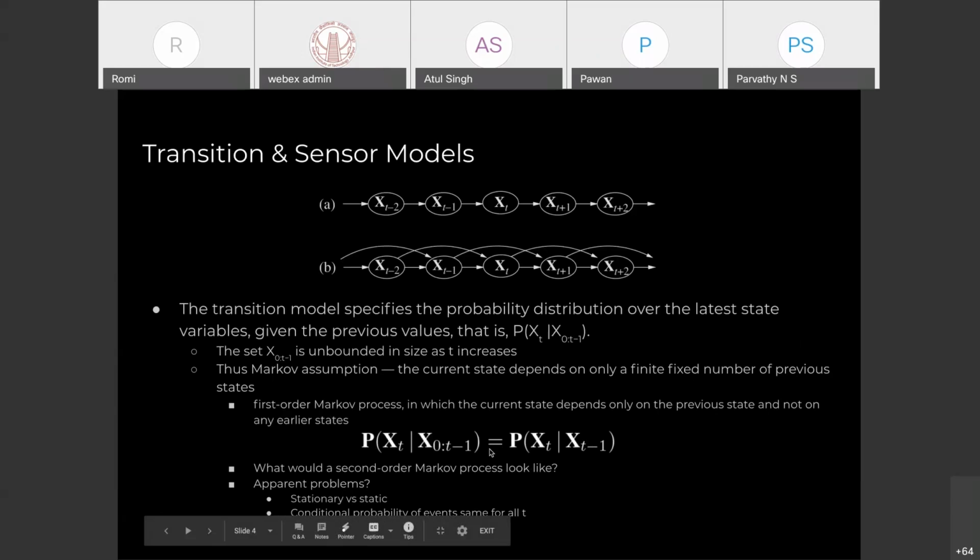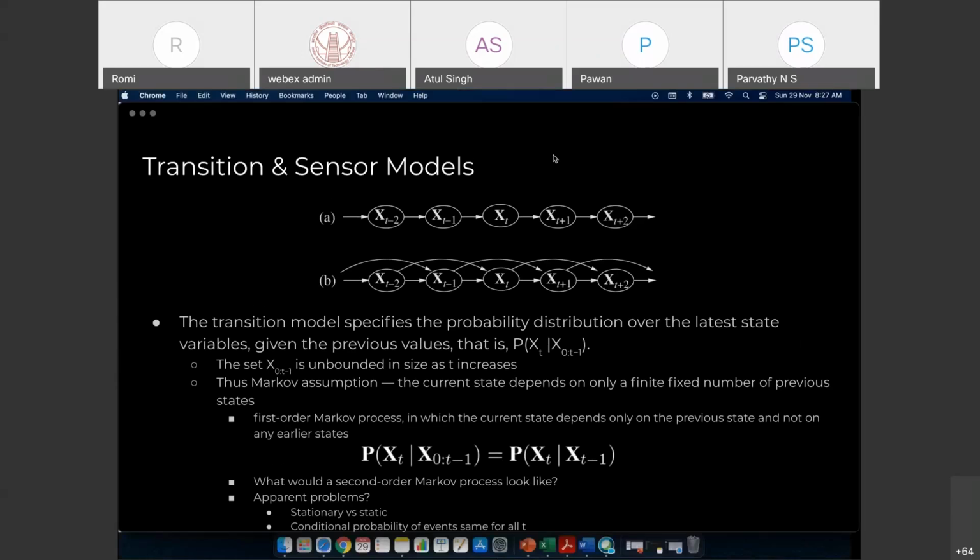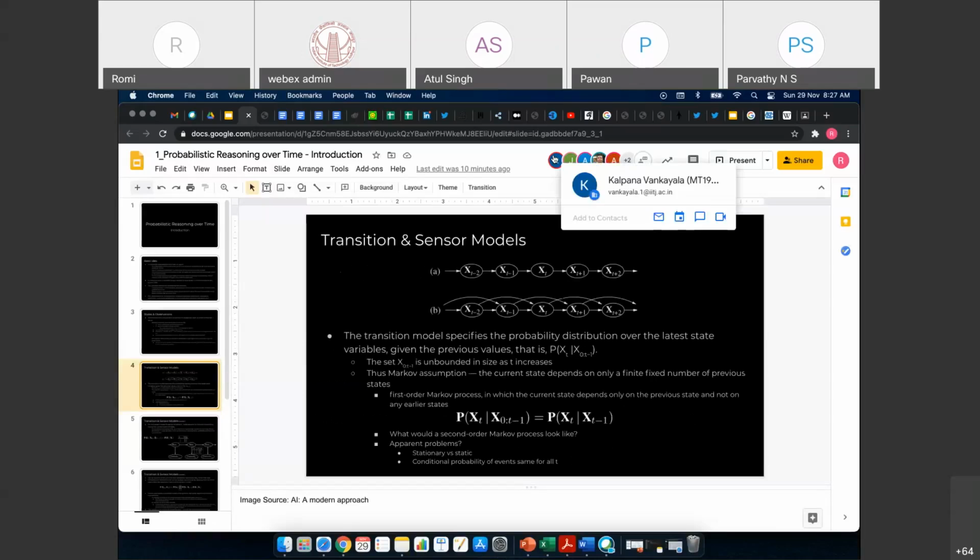Can anyone, I'll just come out of this presentation mode. Any thoughts? If I ask you to represent a second order Markov process with this particular equation, what do you think would go into this equation to make it a second order Markov process?